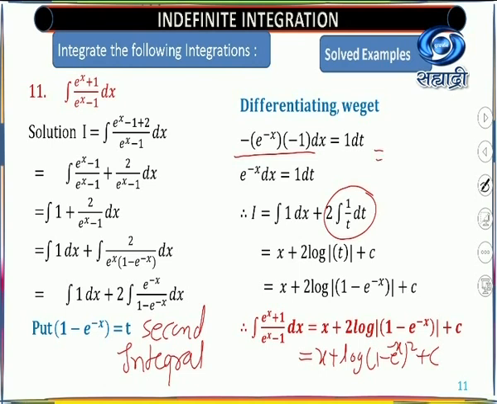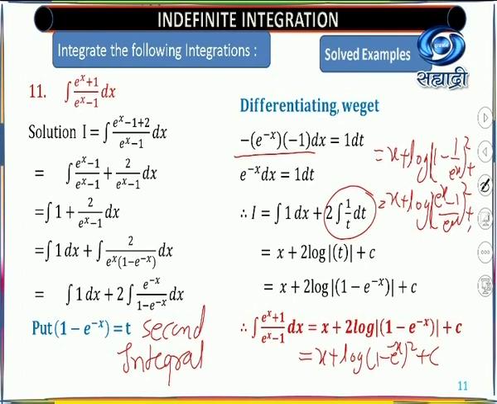So you will get this as x plus, now look here, you take 1 upon e raised to x, so you are able to write this as log of 1 minus 1 upon e raised to x whole square plus constant of integration. And if you do the proper simplification, you will get log of bracket e raised to x minus 1 upon e raised to x bracket square plus constant of integration.